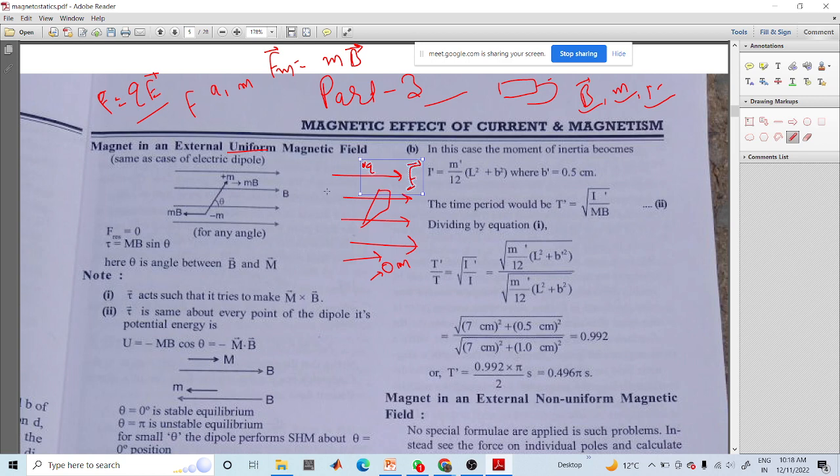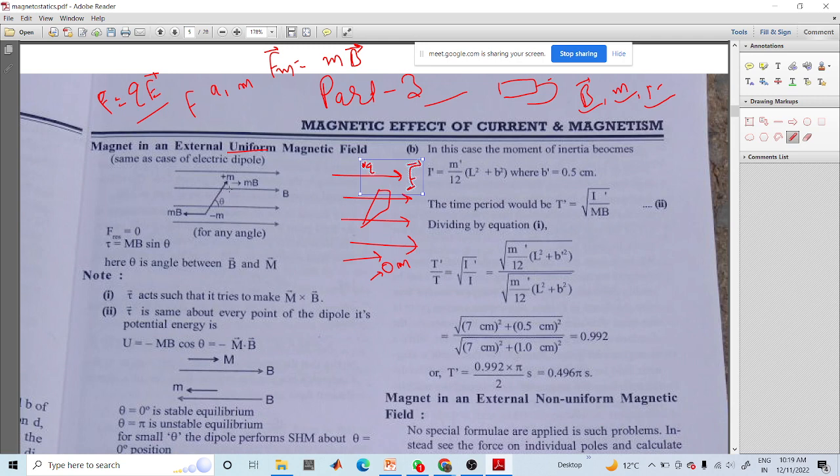Similarly here, if we put a magnet, a magnet means two poles, north pole and south pole. So it will act as a magnetic dipole, and the magnetic dipole will feel force.